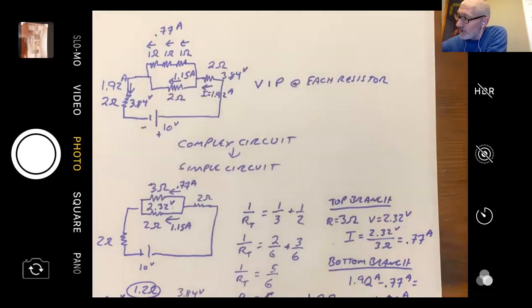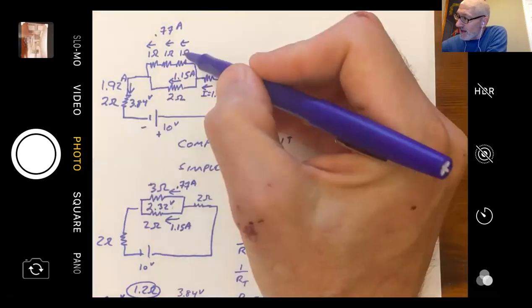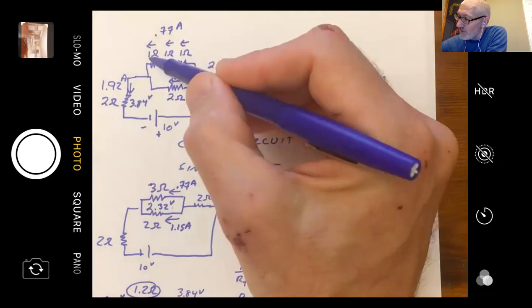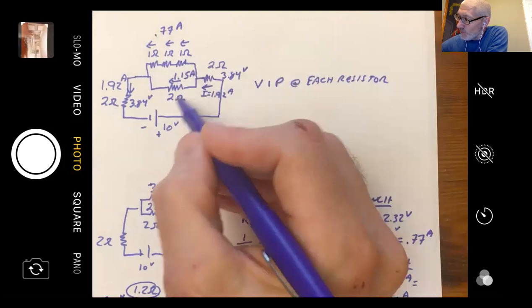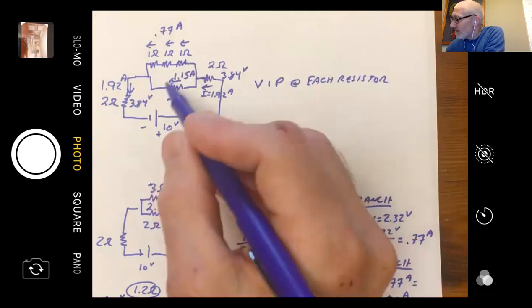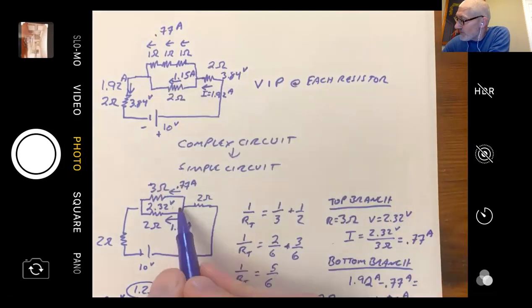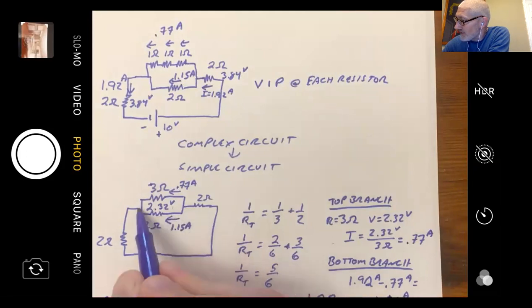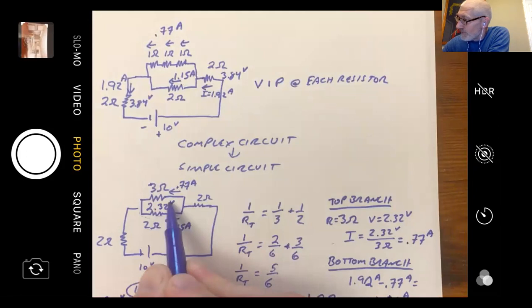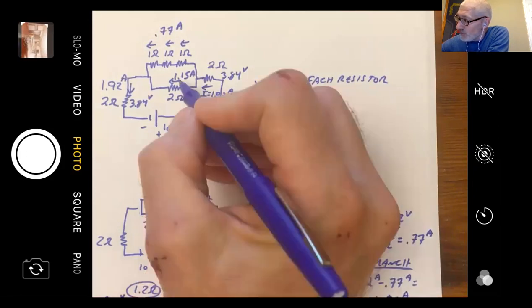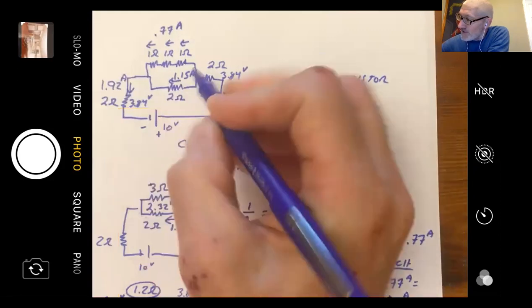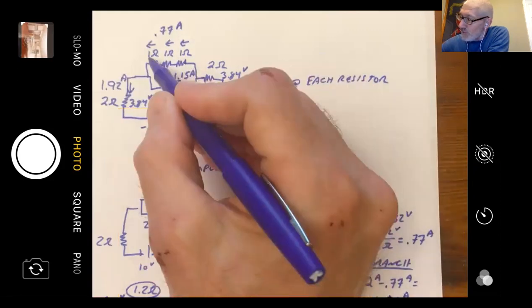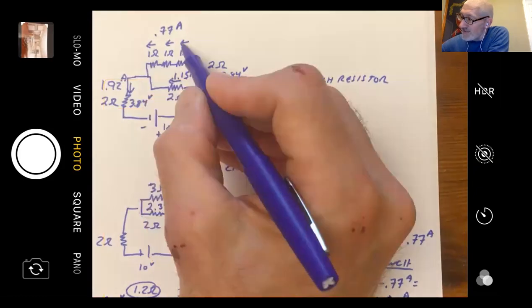And because I know the current and the resistance, I should be able to find the voltage for each of these. Down here, I already know what the voltage is, because when I went through this 2 ohm branch, it was 2.32 volts. So I'm going to use up all 2.32 volts going through here. And because these resistors are all the same, that 2.32 volts is going to get divided out evenly.